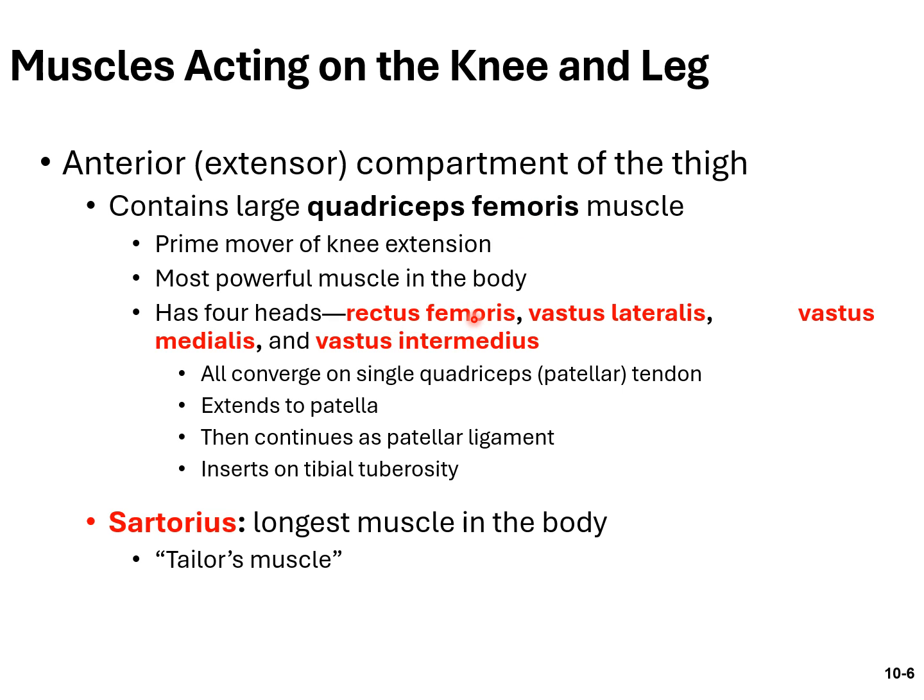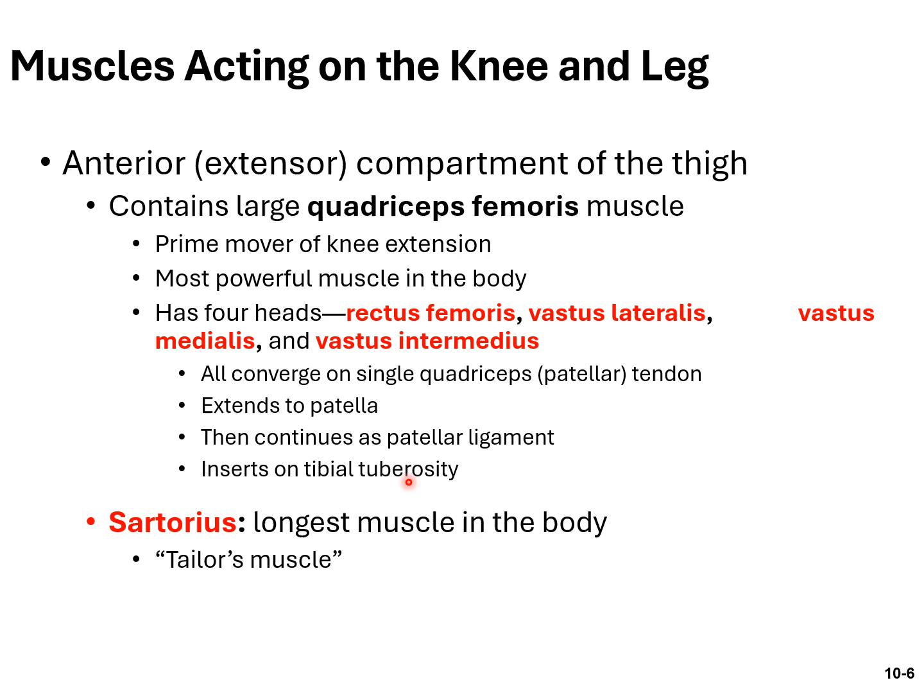Rectus femoris running down the middle, vastus lateralis running down the lateral side, vastus medialis running down the medial portion of it, and the vastus intermedius is going to be the one just behind the rectus femoris. They all converge in a single quadriceps tendon. Quadriceps for these 4 muscles, patella because of the kneecap. They extend to the patella, then continue as a patellar ligament and insert on the tibial tuberosity.